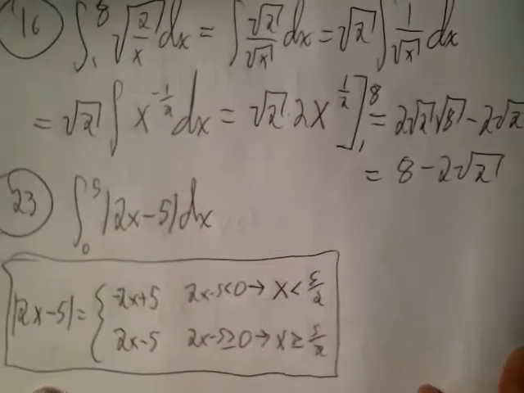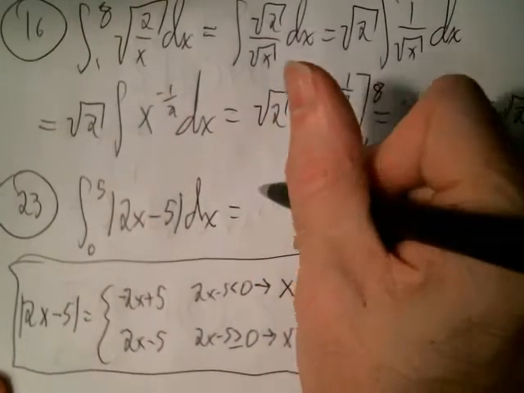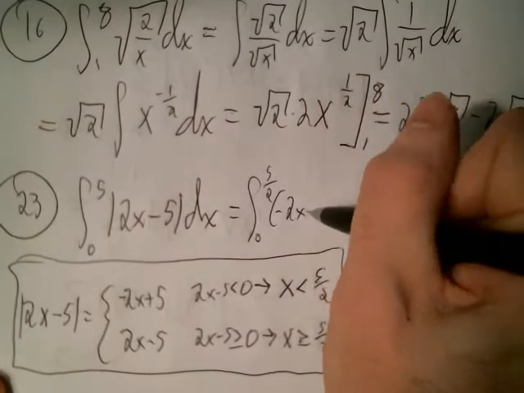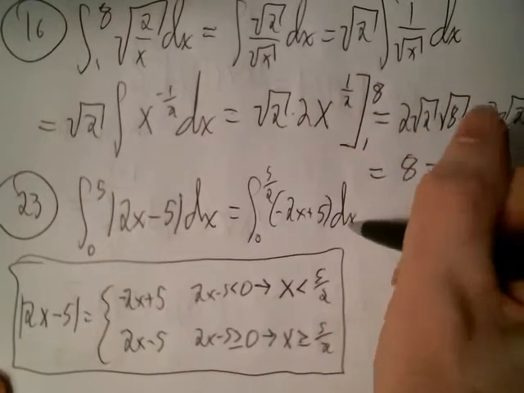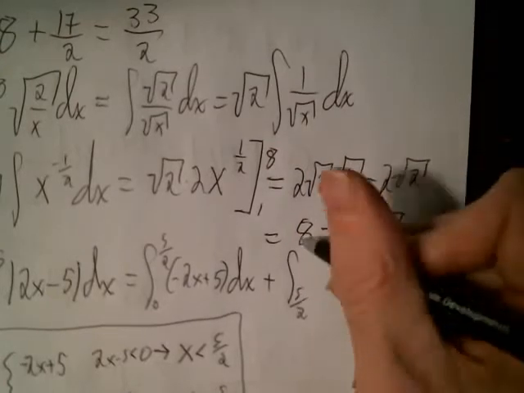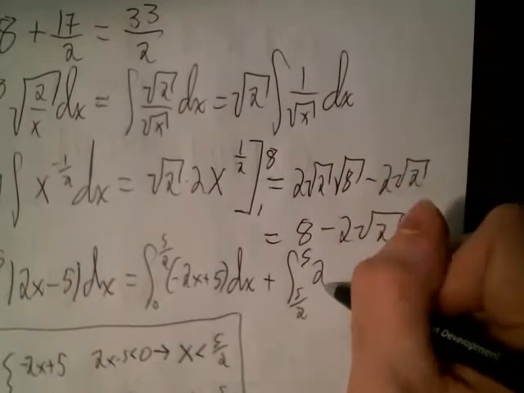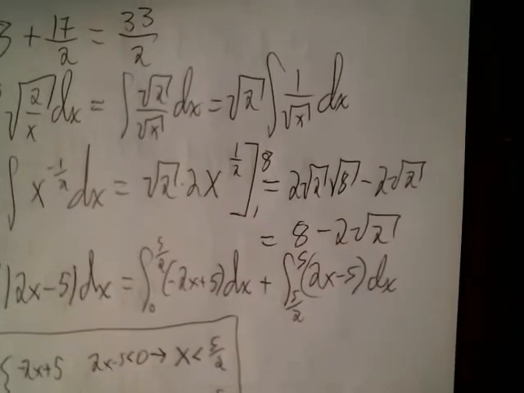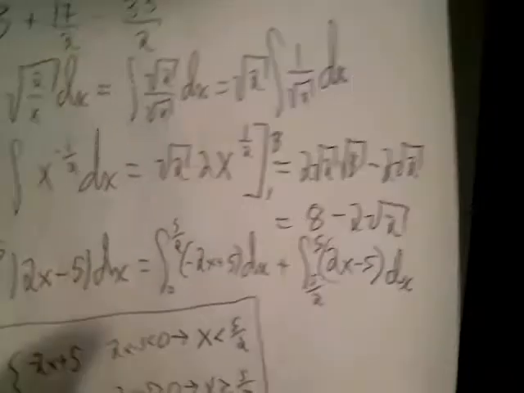So we can split this integral then into the integral from 0 to 5/2 of negative 2x plus 5 dx, and then plus the integral from 5/2 to 5 of 2x minus 5 dx. So let's figure that out.